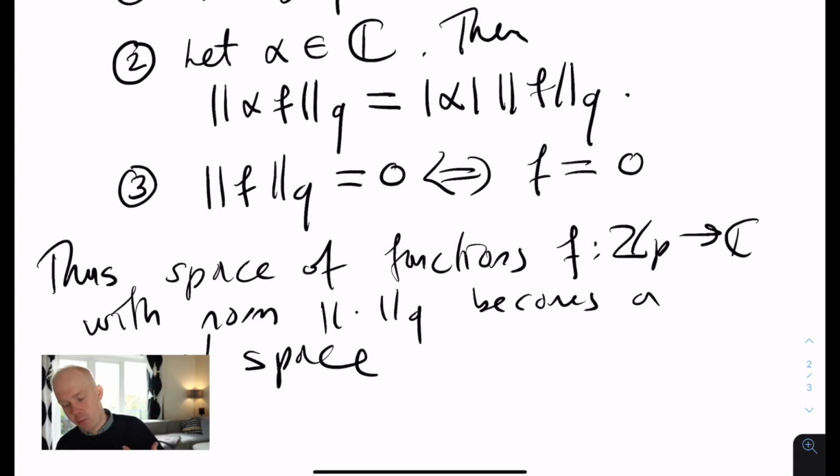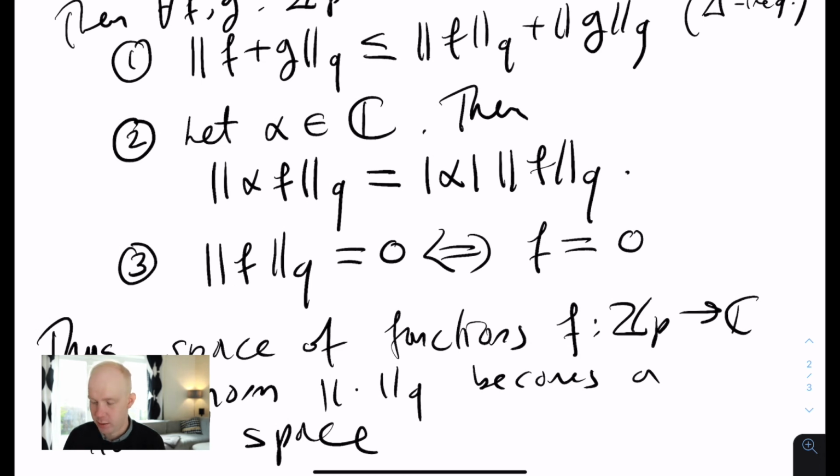So you can apply the basic vector space analysis or normed space analysis to these functions to get basic properties of these things. That's the main thing we actually need from the Lp and Lq norms.